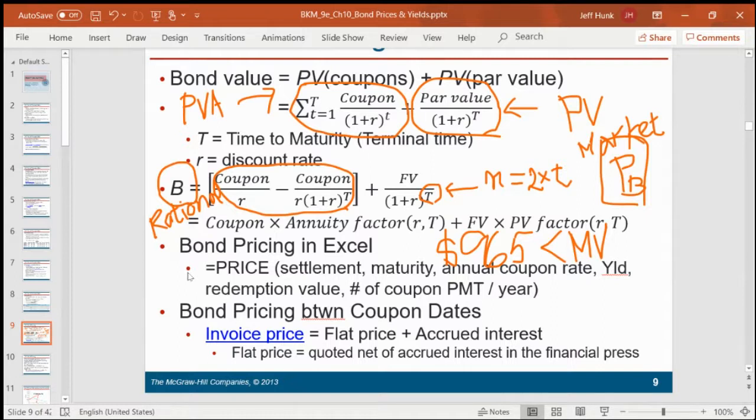Why? So suppose you saw this bond and you want to buy it. You understand, bonds pay coupon interest every 6 months, and so how many days has it been since the last time the coupon was paid, right?